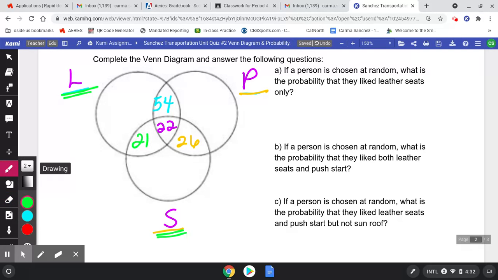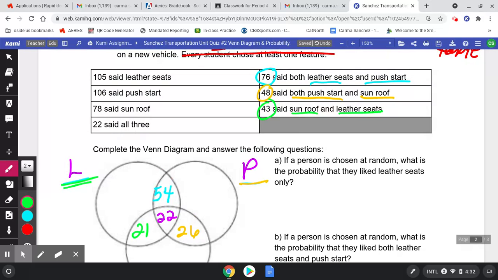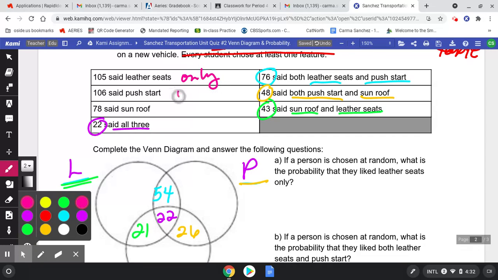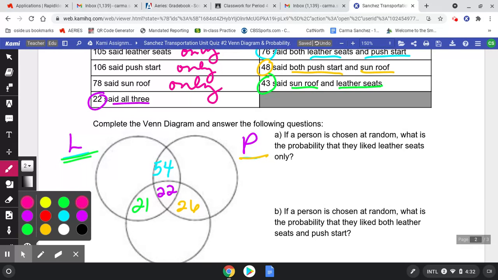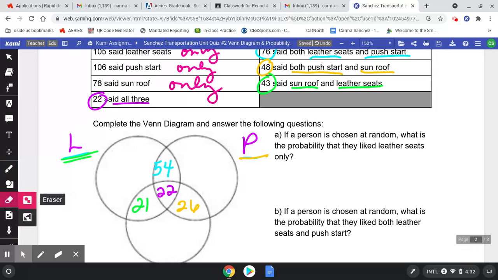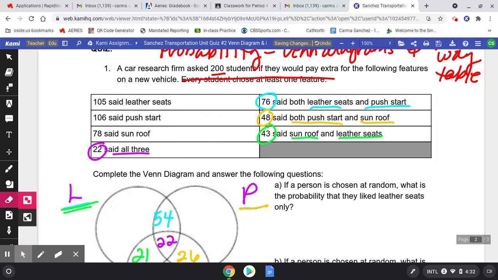All right, finally, let's go look at the total numbers. So we already used this guy here. Okay, so only numbers is what are left. What do I mean by only? I mean, how many students said leather seats total was 105.